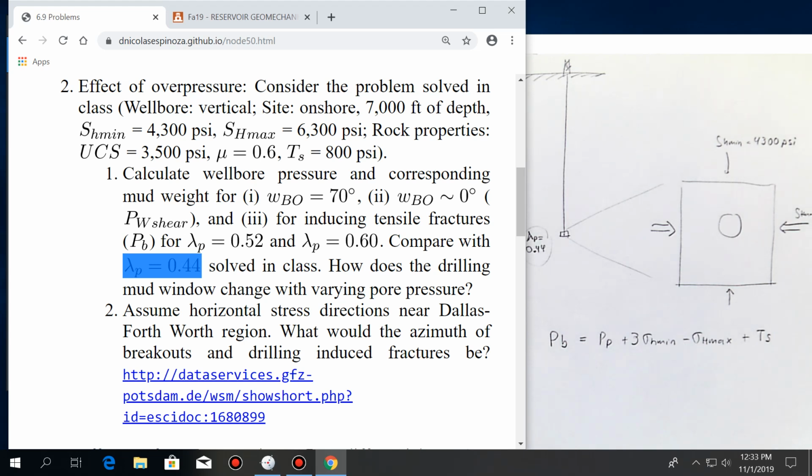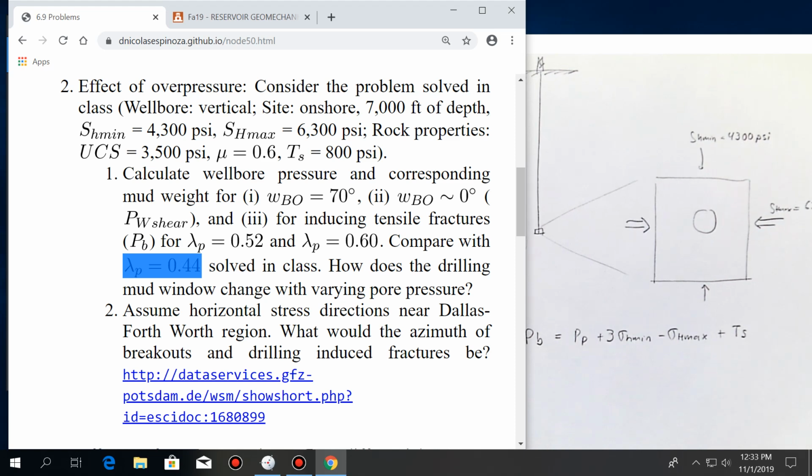Yes. SH max is 6,300 psi. Yeah, let me move this a little bit to the left.